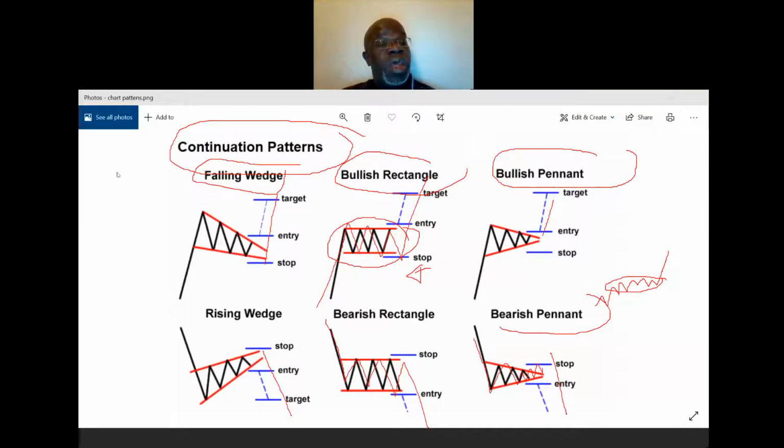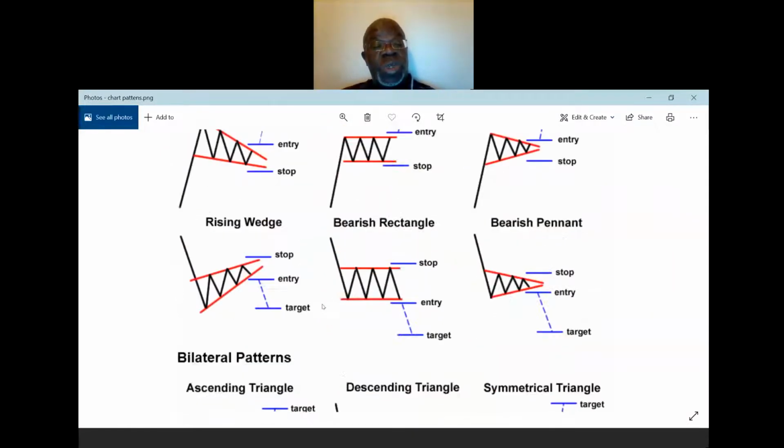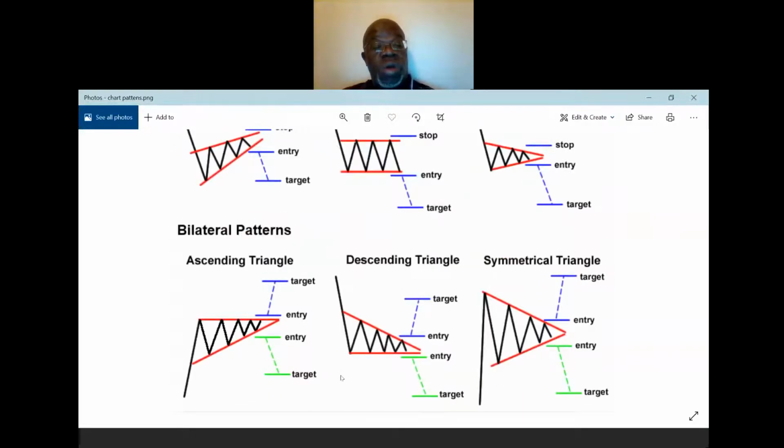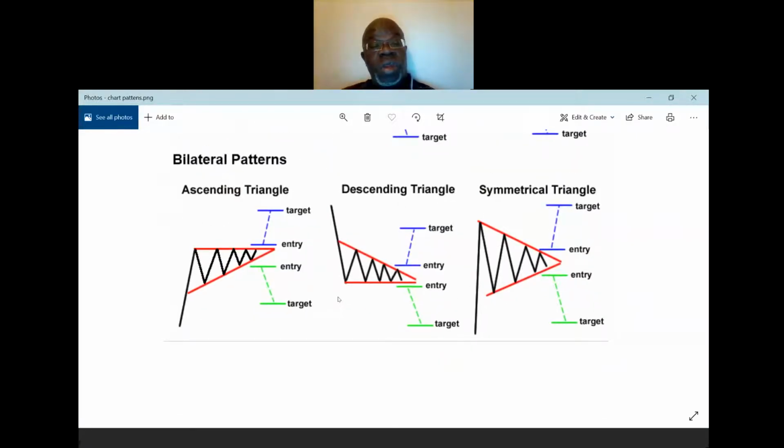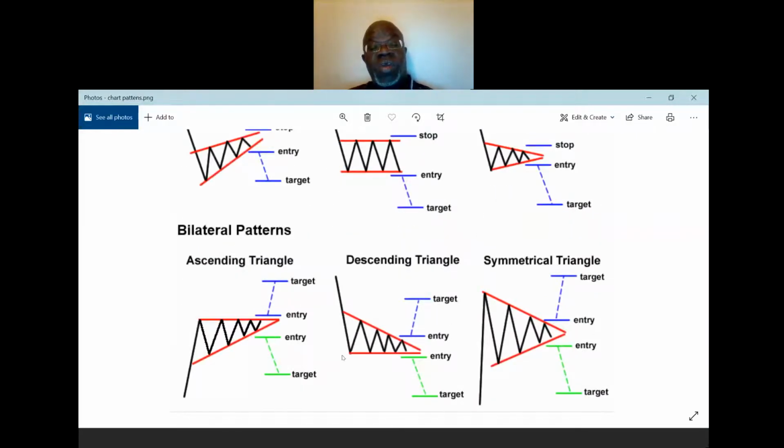All right, and the last one, which is just an extension of this one, is what we call the bilateral patterns. These are the ones that you don't know where they're going to go. So what do you do? How do you trade them? Well, you put both buy and sell. And again, this is the sniper trading technique.